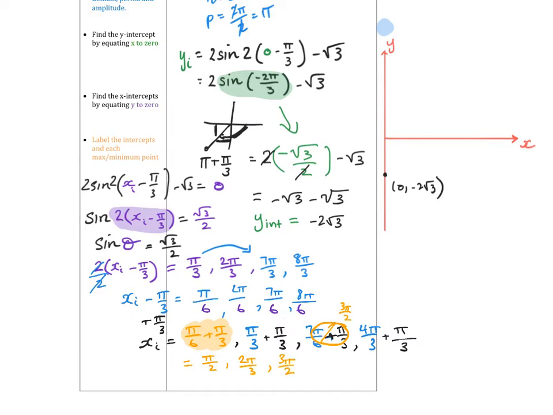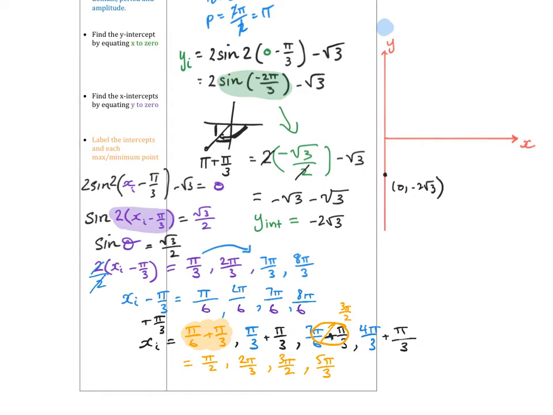And you'll notice here a little bit of a pattern. From the pi on 2 to the 3 pi on 2, we're just adding one of the periods, which earlier we worked out to be pi. So even without necessarily adding that last fraction, I may know that 2 pi on 3 plus a lot of pi is just going to be 5 pi on 3. Now the important thing here is to label these as intercepts.